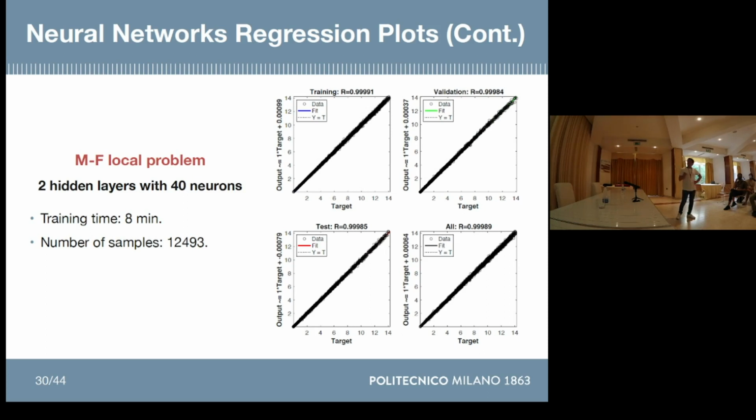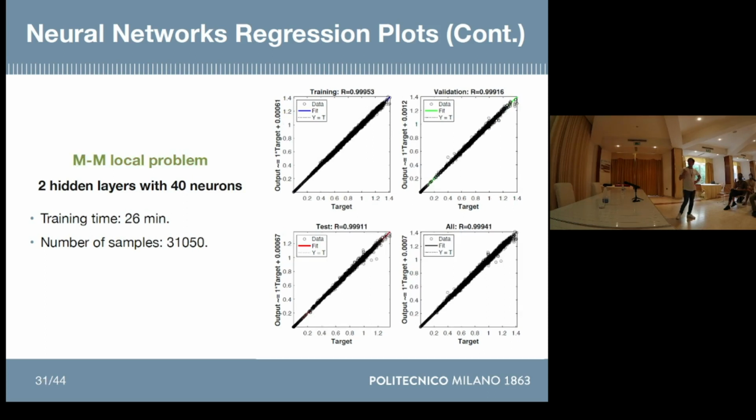So also for the matrix local problem, we have a good result, but we have to observe that the training time is a one-time procedure, and the evaluation of the network lasts a few seconds, while solving many local problems is obviously a more expensive procedure from the computational point of view.